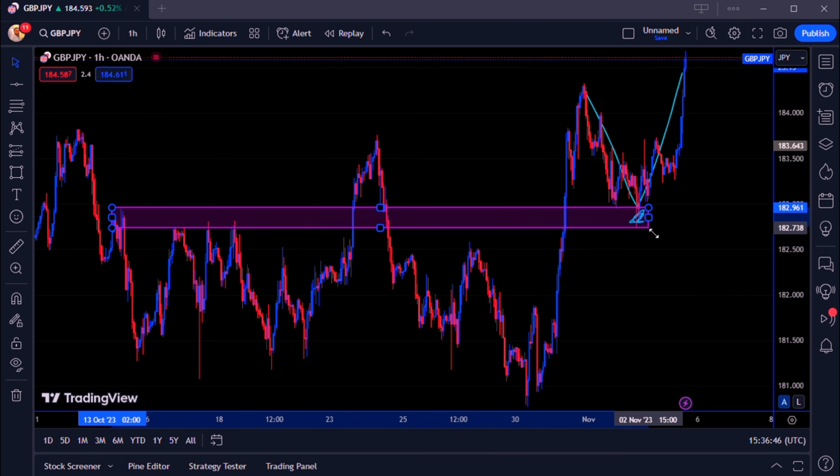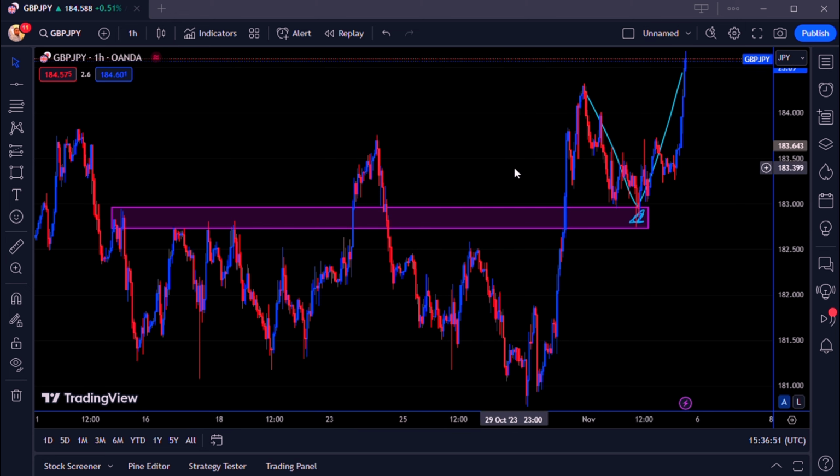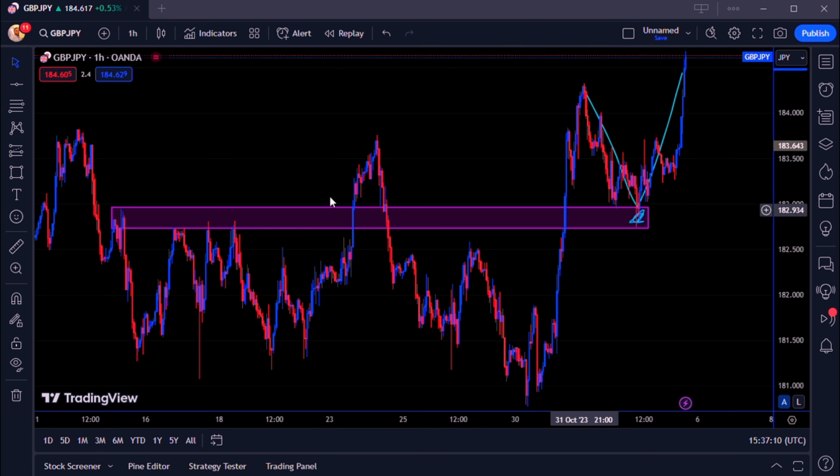A rectangular highlight box is always better to outline a support level because this leads to higher accuracy. This support level has dictated the movement of price.